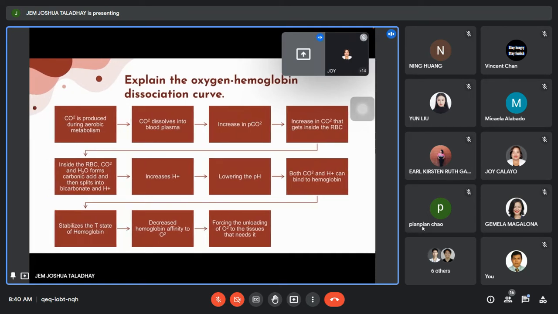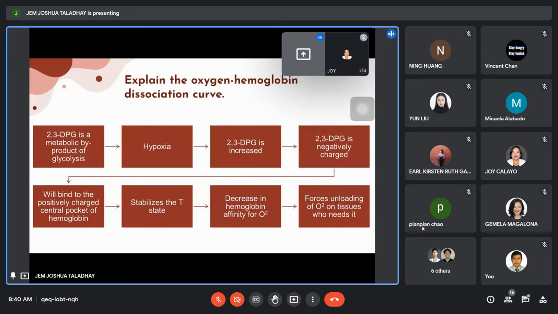This is an explanation for the shift to the right of the oxygen hemoglobin dissociation curve. Please take note of those factors I said: an increased CO2, then a decrease in the pH, resulting in decreased hemoglobin affinity.